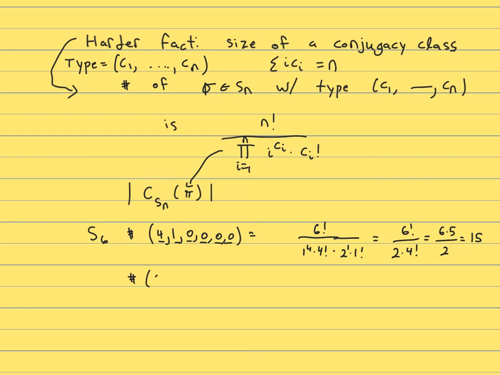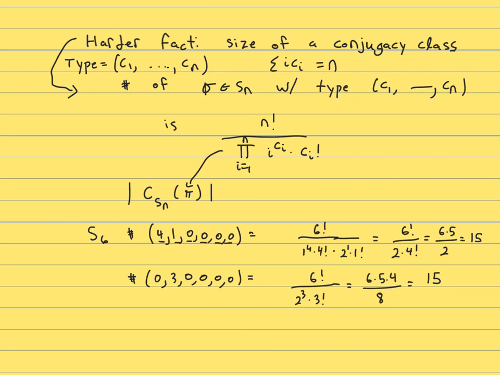On this related example, if you look at just three 2-cycles, you get 6 factorial over just 2 cubed times 3 factorial. Well, that's 6 times 5 times 4 over 8, which is 15 again. So I like this example because in general, it's very rare for the sizes of conjugacy classes of permutations to match.